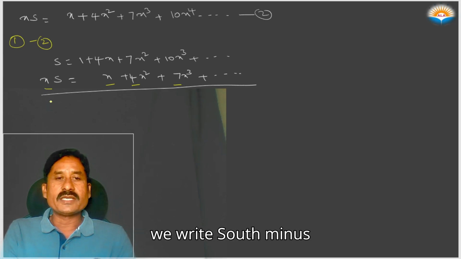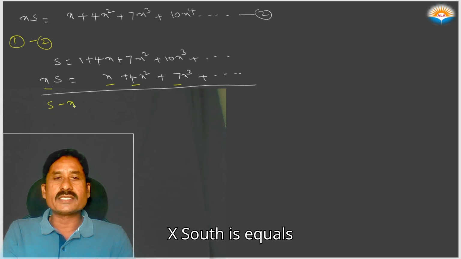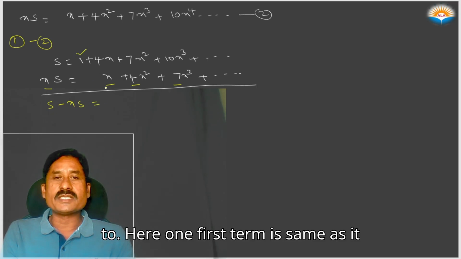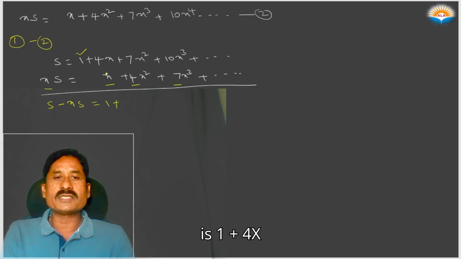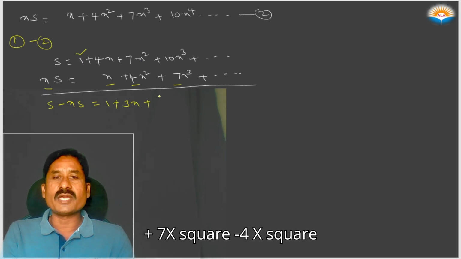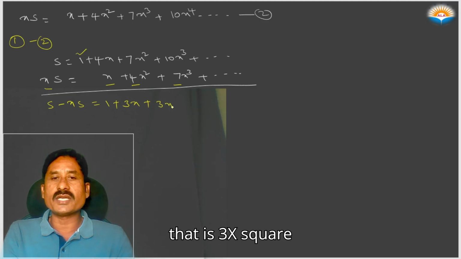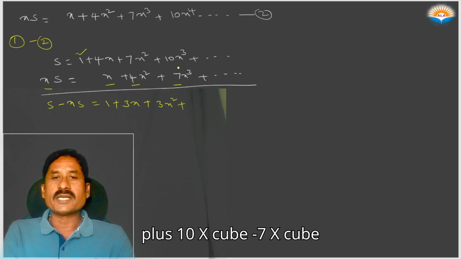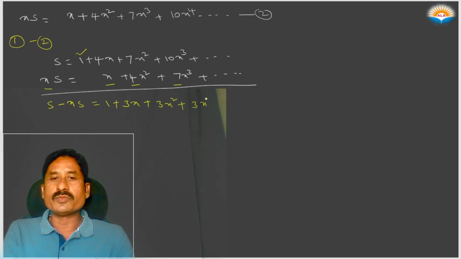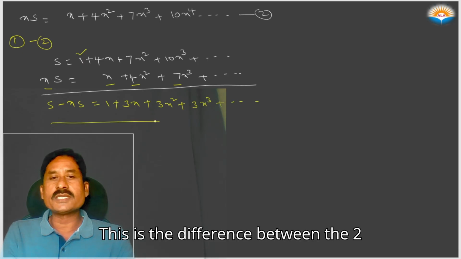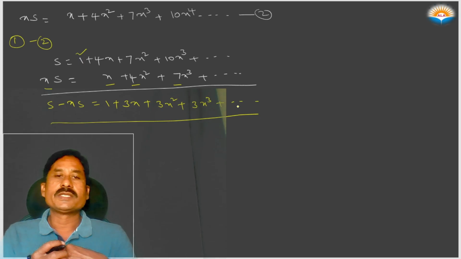Here we write S minus xS is equal to, the first term is the same, 1, plus 4x minus x, that is 3x, plus 7x square minus 4x square, that is 3x square, plus 10x cube minus 7x cube, that is 3x cube, plus so on. This is the difference between the two series.